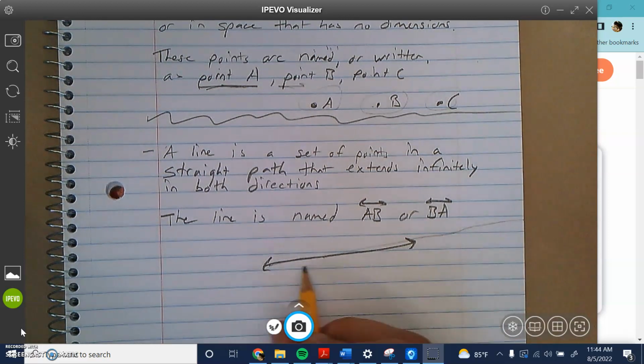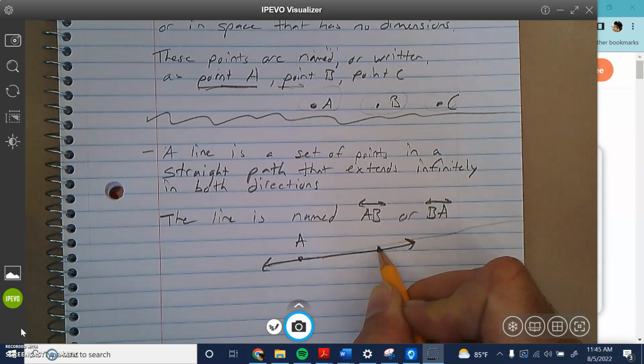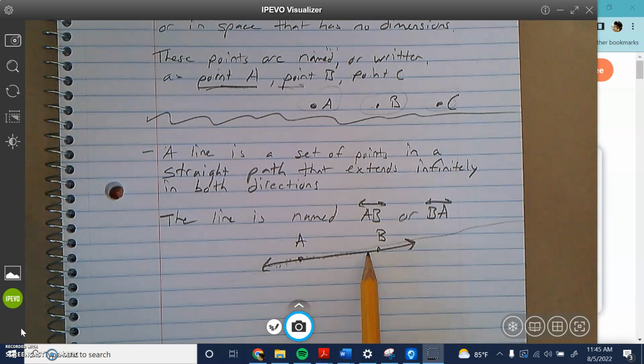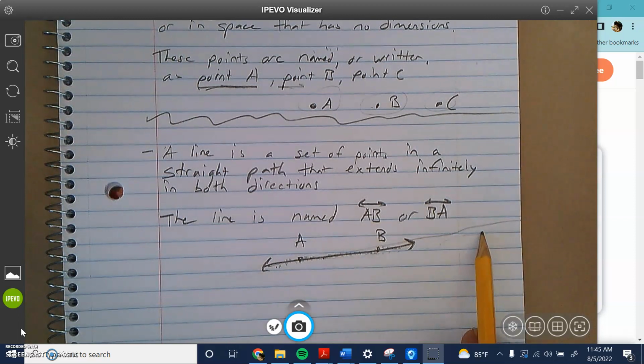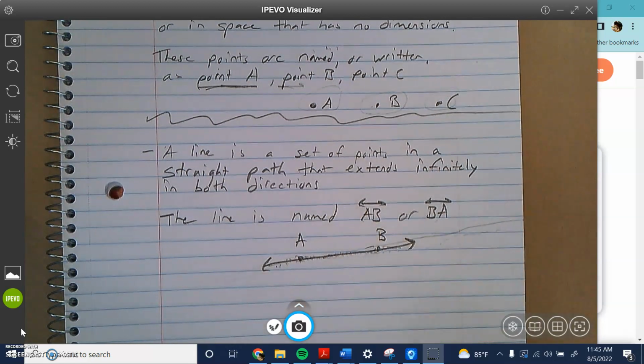So it goes forever right and forever left. Here's point A, here's point B. There actually is an infinite amount of points, but those points aren't named. We just have point A and point B. They're so microscopic and tiny, but it goes forever that way and forever that way. So you can name it line AB or line BA. Either way works.